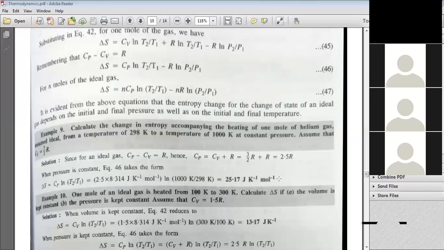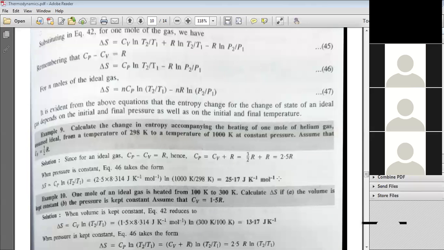So T1, T2 are given, and at constant pressure. If pressure is constant, what will happen? This expression P2 by P1 term will be 0. In equation number 47, the second term will not be there.